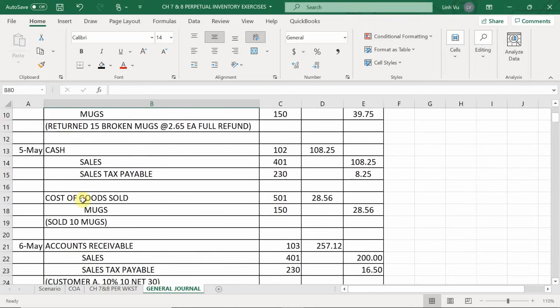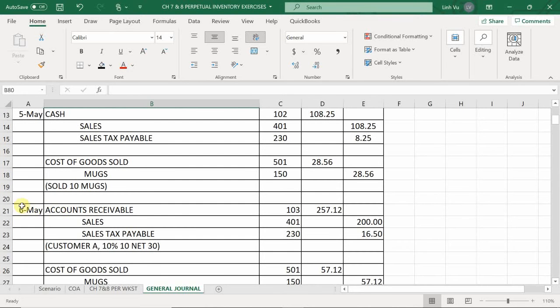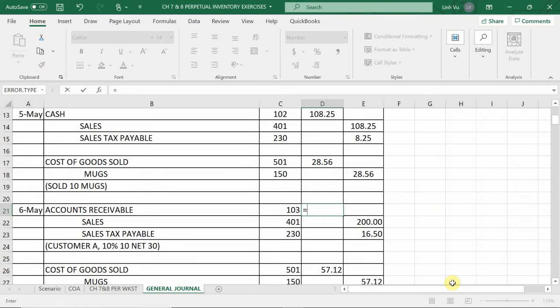Is the fifth? Is the sixth, right? 6 right here. We have a 216 and cost of goods sold 57.12. You're right. I don't know what I did there either to get to that amount.